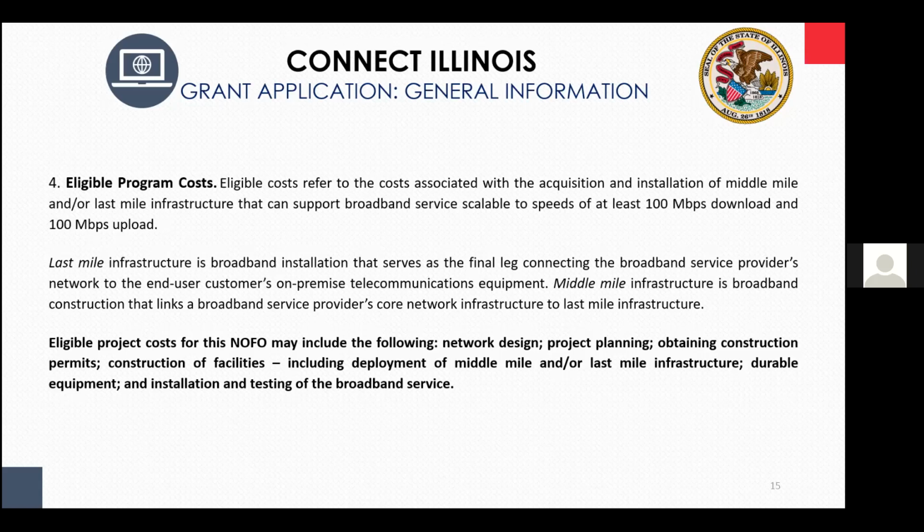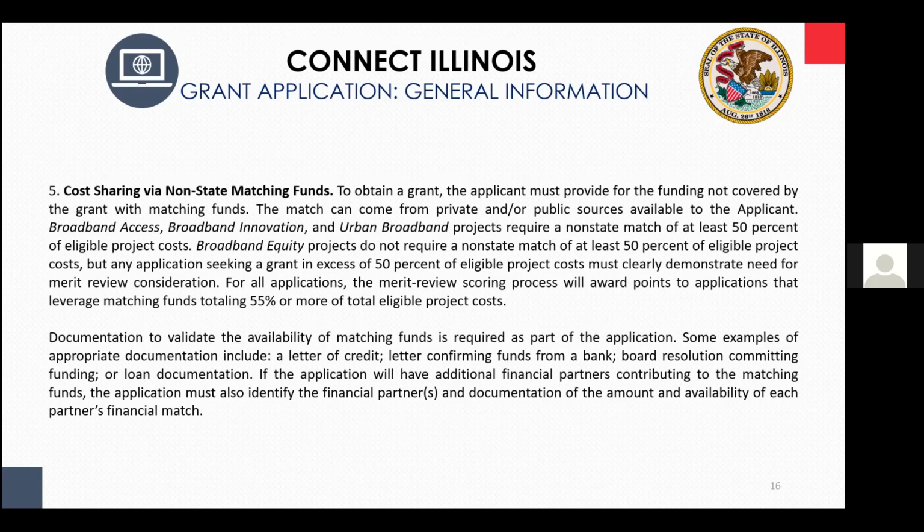And then I think just a point here I'd just like to emphasize with cost sharing. Yes, we do expect there to be a non-state match of at least 50% for projects in round two. However, we did create a new category called the broadband equity category that recognizes that some parts of the state are really difficult to serve, more difficult than others.